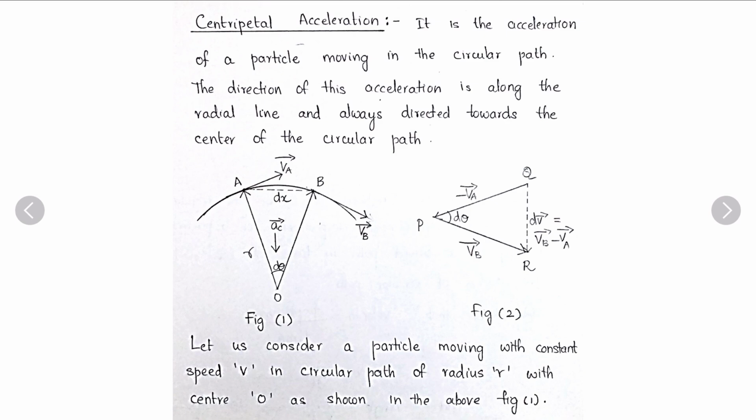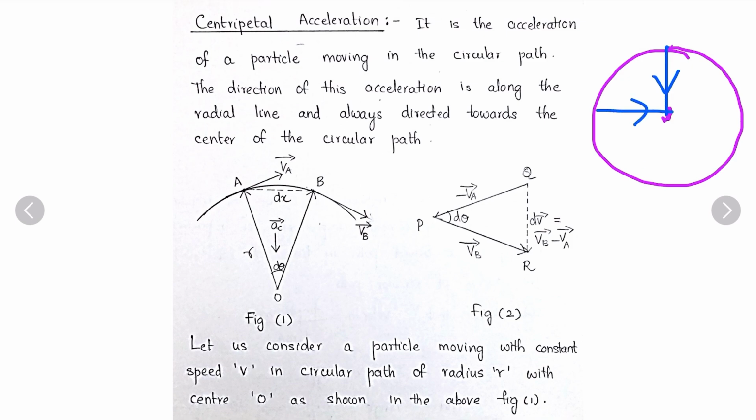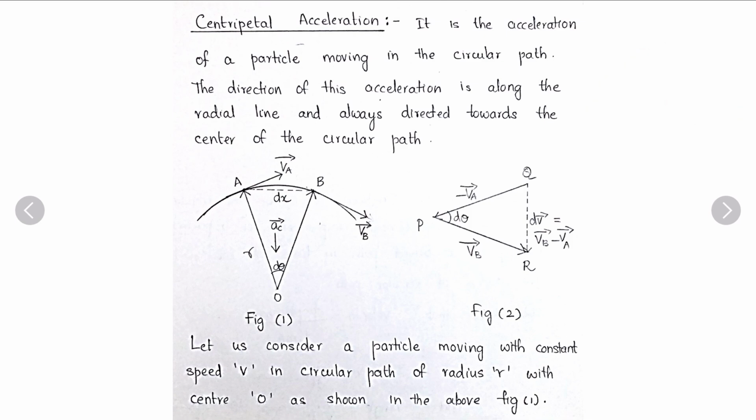So what does it mean? It means that if something is moving in a circle, there is an acceleration always working towards the center, along the radial line, that means along the radius everywhere, and the direction is always towards the center. If O is the center, the direction of this acceleration is always towards the center.